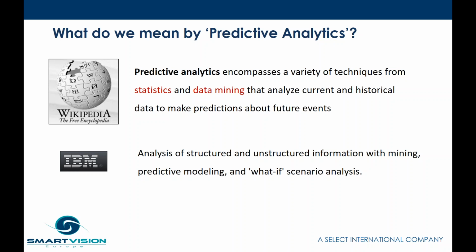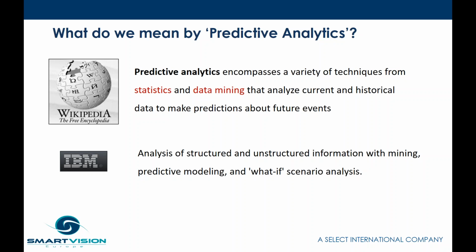And IBM tend to approach it from the standpoint of structured and unstructured data. Structured data is the sort of numerical, quantitative data that we're used to dealing with in statistics. Unstructured includes text-based data, verbatim text, social media, video, audio, images, physical images. And of course, that's a burgeoning and growing area within the big data realm.